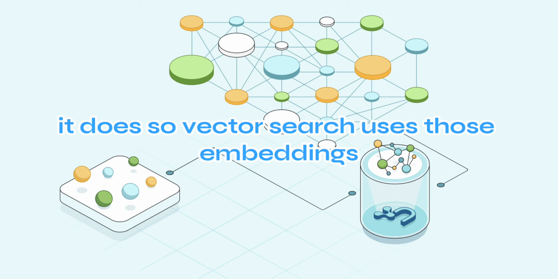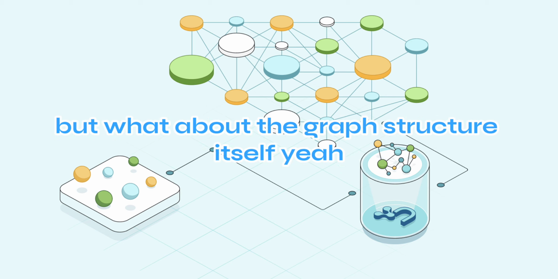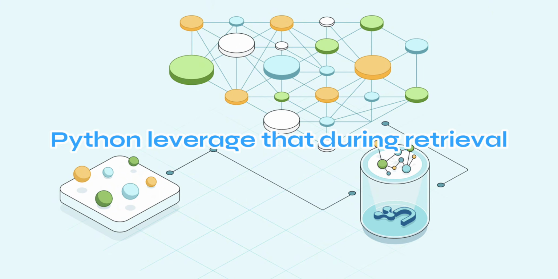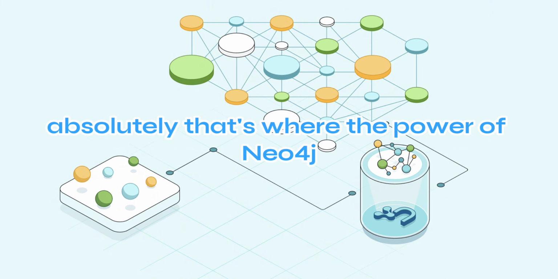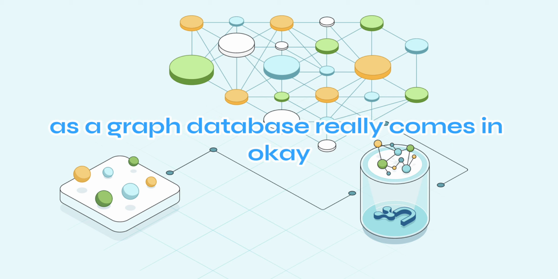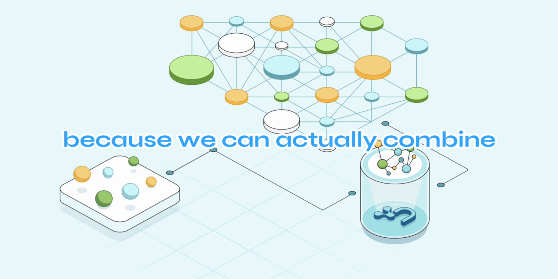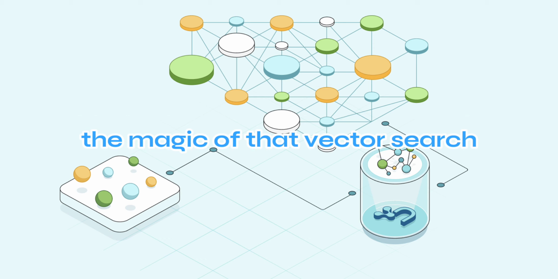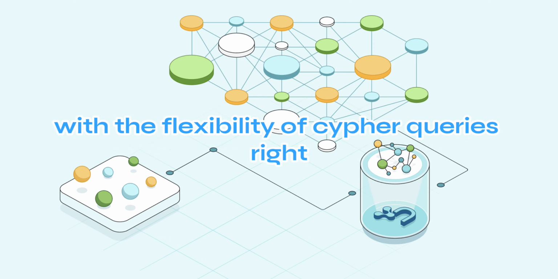It does. So vector search uses those embeddings, but what about the graph structure itself? Can Neo4j GraphRag leverage that during retrieval? Absolutely. That's where the power of Neo4j as a graph database really comes in, because we can combine the magic of vector search with the flexibility of Cipher queries.